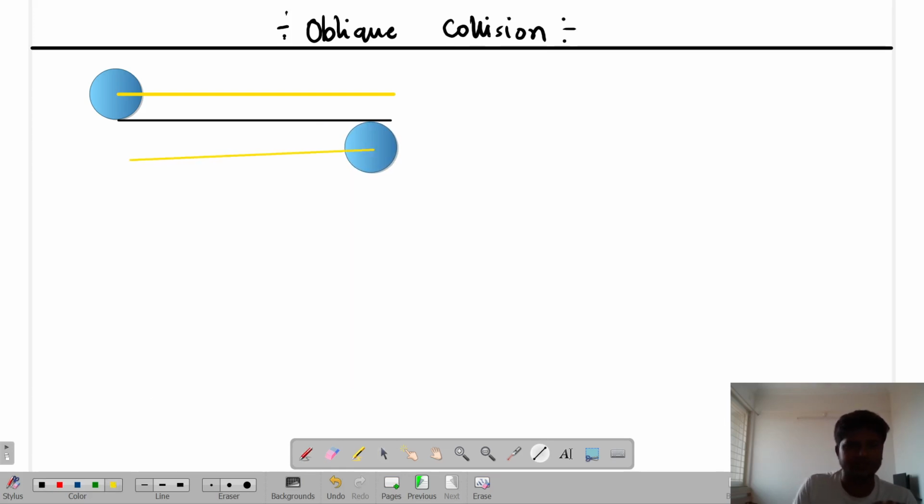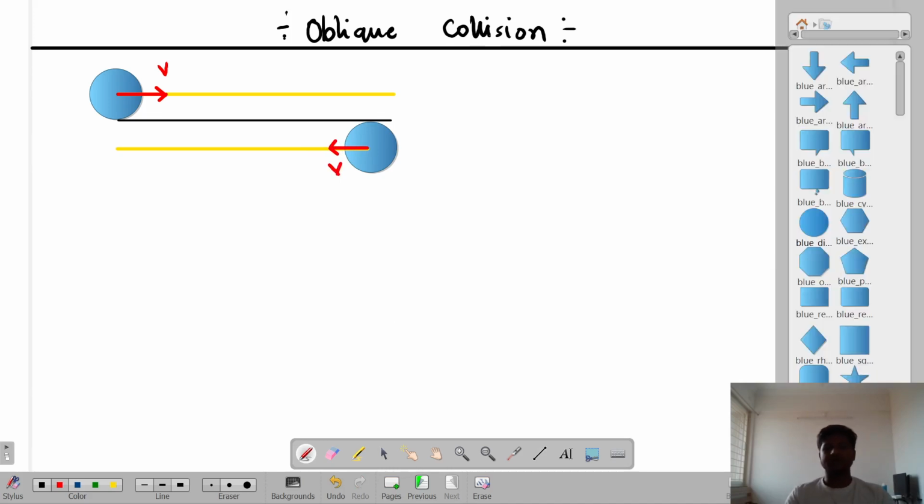The black line is the line of motion. The yellow line can also be called a line of motion. So these balls were moving. Let's suppose this one was moving with some velocity, and this one was also moving with some velocity. Got it or not?